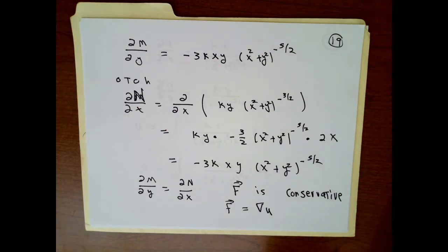This field is conservative. If you have an inverse square vector field, I guarantee you that it is conservative. That is to say, the field itself is the gradient of some scalar function.